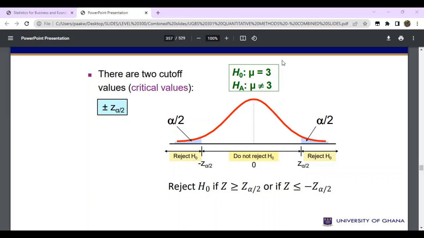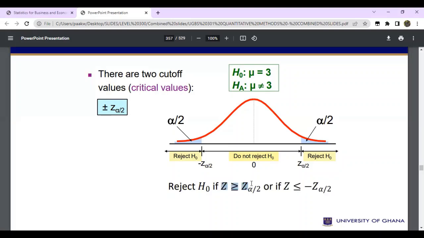So it's quite simple, right? Let's take note of the rules. Let me repeat myself: I said reject H0 if the Z computed is on this side, which is the positive.